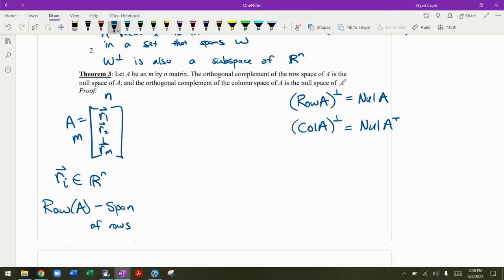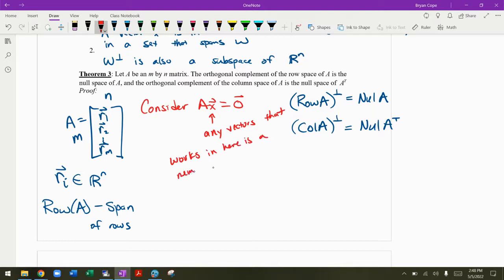Okay, so let's try and explain why this is true. Let's consider the equation Ax equals 0, which is what we're trying to solve when we're talking about the null space of A. Any vector that works here is a member of Null A. Does that make sense?